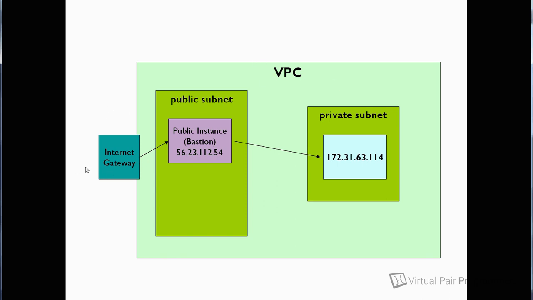And I don't really know how much we need to know about this internet gateway, but I thought I'd better mention that it is there. So when we just made our connection using Cygwin a few moments ago, we were going through the internet gateway into the public instance on its public IP address, and then we were doing a hop across to the private instance on this private IP address.